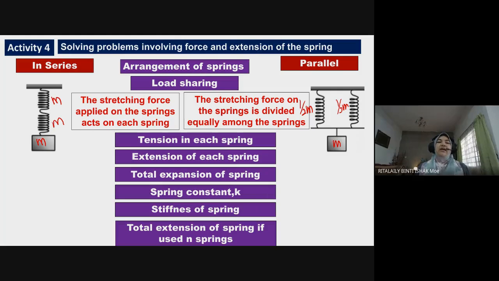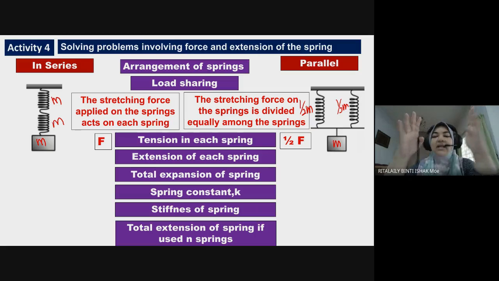The stretch force applied on the spring acts on each spring. Okay, maksudnya every spring will get, kalau you arrange 3 series springs, so one spring will have M, this one will hold M, this one will hold M. But if it is arranged in parallel, kalau 3, divide lah. Dia akan jadi 1/3 M, 1/3 M, 1/3 M. So for the series spring, since one spring is holding M, so the tension will be one value lah.